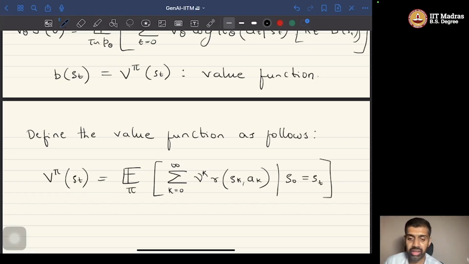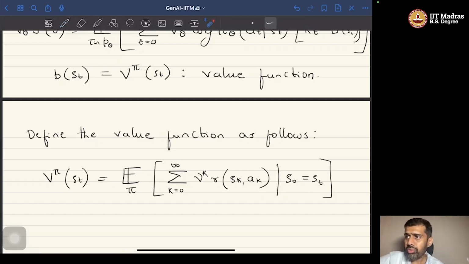So this expectation is with respect to the policy. So what is this? This is the expected return that we have gotten by enacting the policy from the initial state being equal to st. So this is the definition of the value function.